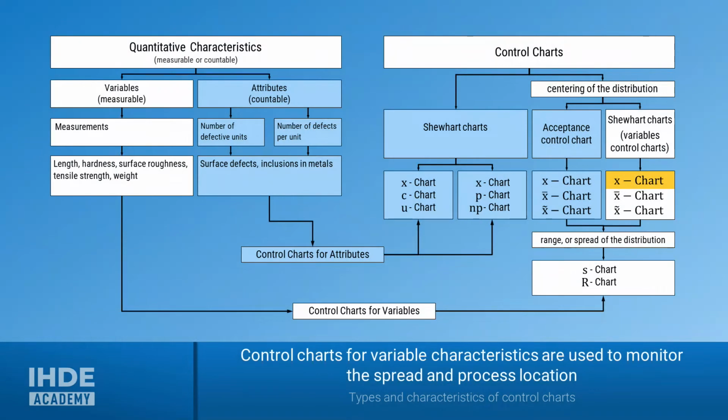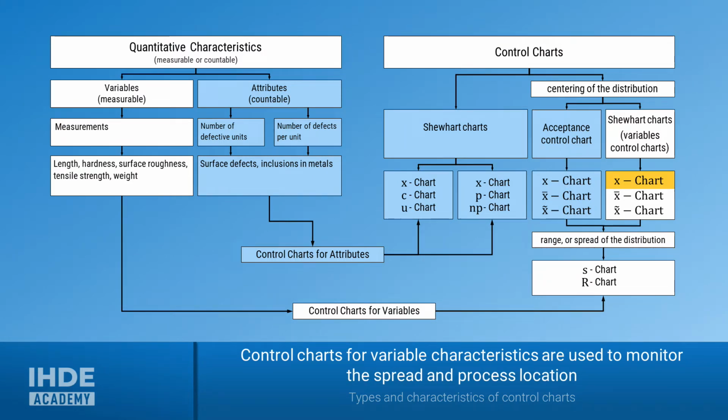To be able to classify the X chart in comparison to the other quality charts, this picture shows the connection between the various characteristics and the control charts used. The different characteristics are shown on the left and the different control charts on the right. The quantitative characteristics shown on the left can be divided into 2 different categories. First, the variable characteristics.